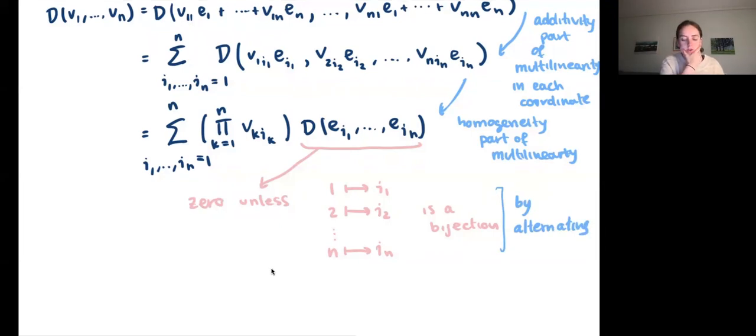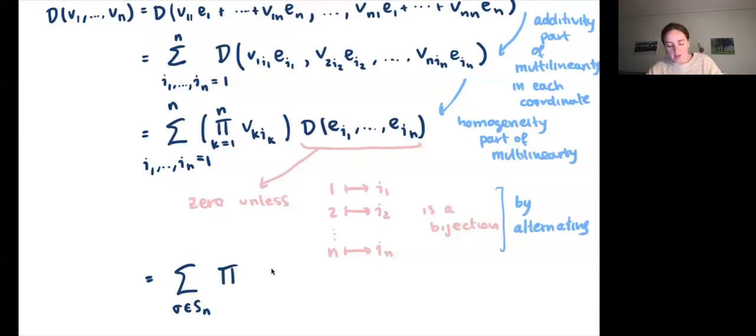What that means is we can rewrite this as the sum over sigmas in Sn, because all permutations will appear in this sum, because a priori we're just summing over all possible choices of I1 up to In. So we'll get those sigmas.